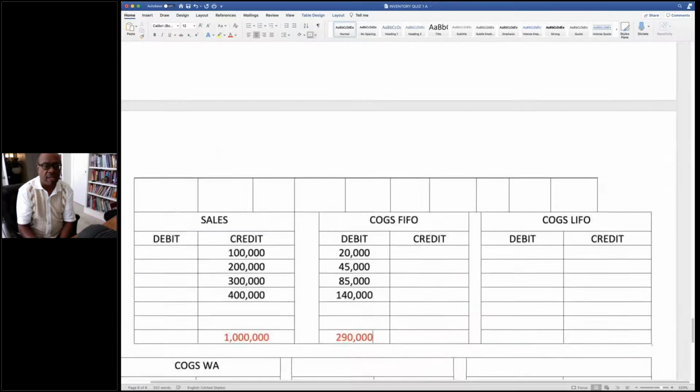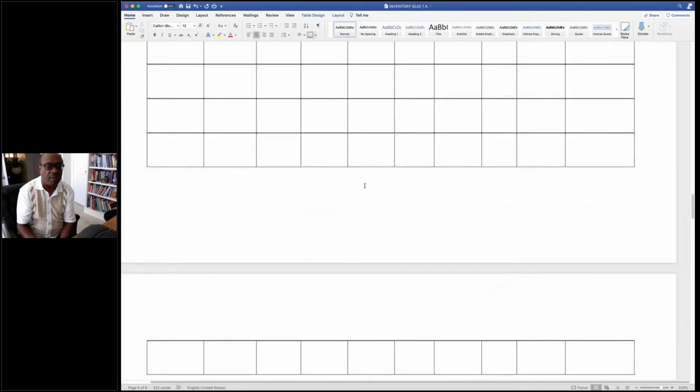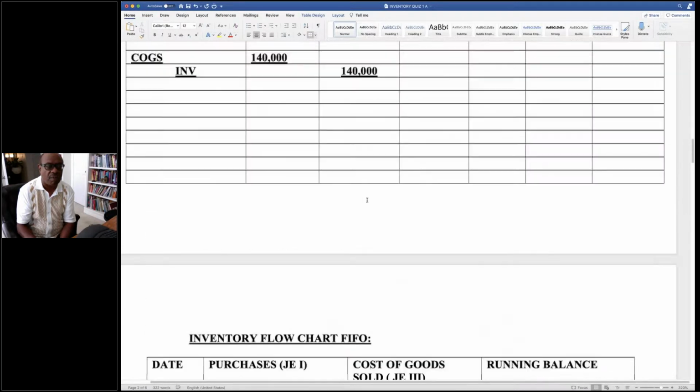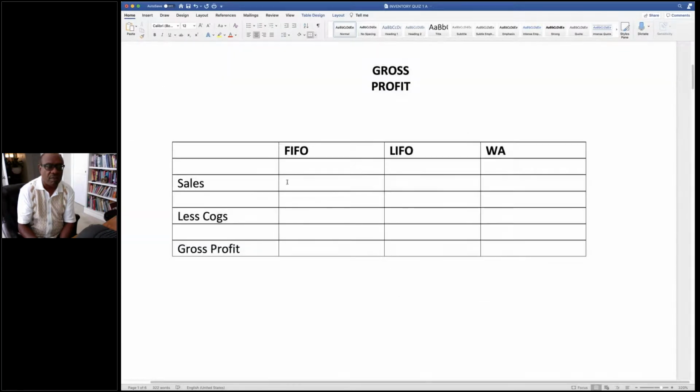So we bring the 1 million and the 290 forward. So what was your gross profit? $710,000.